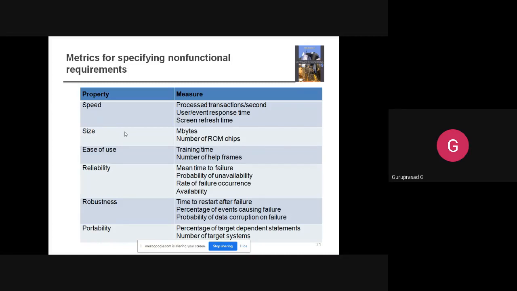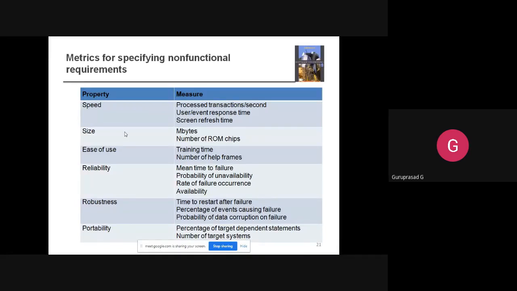So what is the speed here? How to measure this? In the right side column you see processed transactions per second, user or event response time, screen refresh time. This is the speed. So this is one metric. Now, what is a metric here? We are going to specify non-functional requirements quantitatively, because I should be able to test the non-functional requirements.